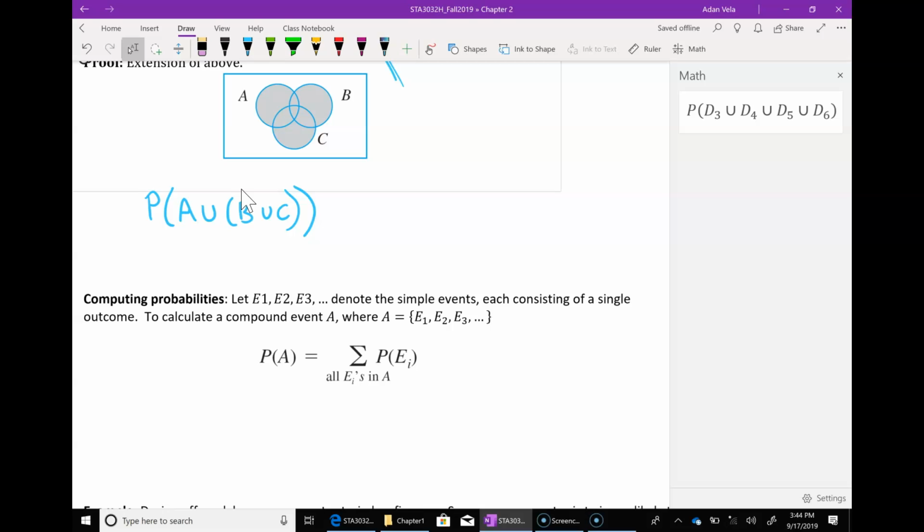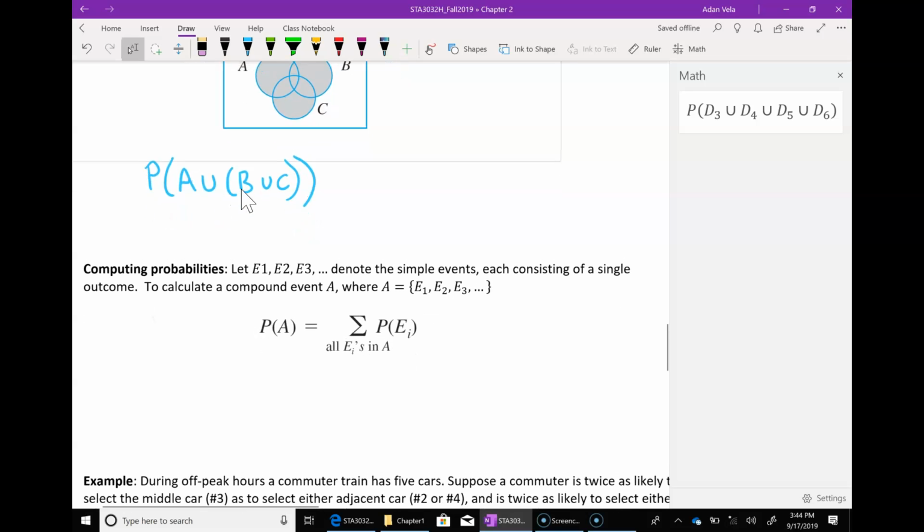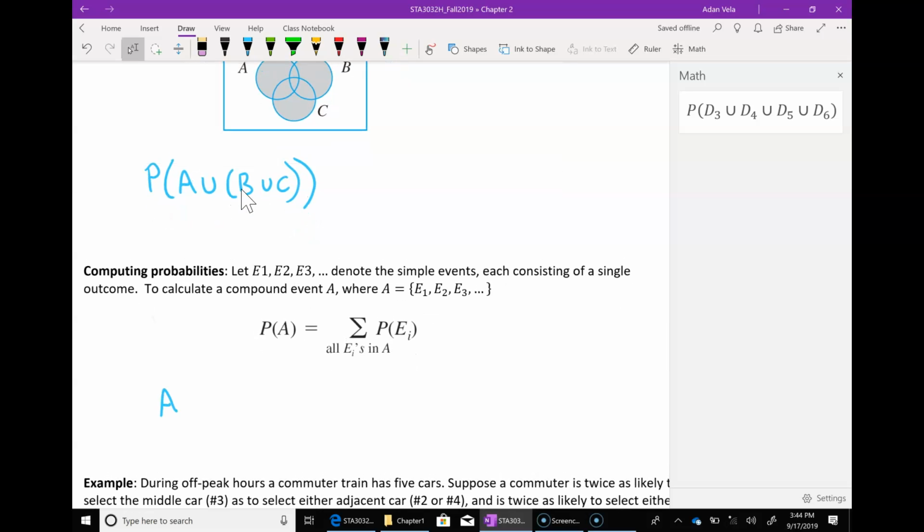All right. So when we start calculating probabilities, one of the simplest ways that we can do that for these compound events is to consider all the simple events that make them up. Okay? And again, if we had this rolling dice example, right? And again, so the sample space is 1, 2, 3, 4, 5, and 6.